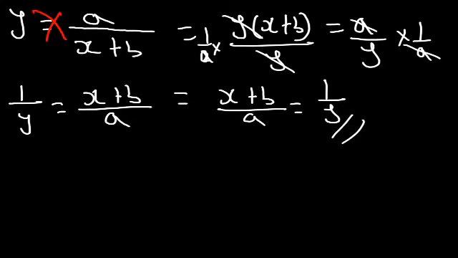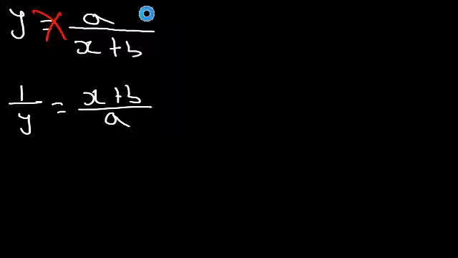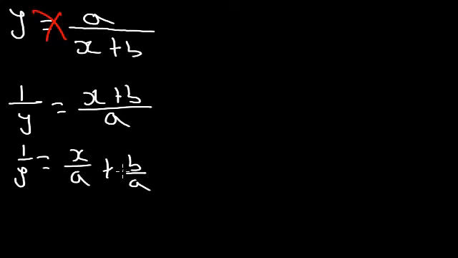And let's see. Now you know how we get that. At this point, we can distribute the denominator. So we can see that 1 over y will be equal to x over a plus b over a. Now we have constants, and we have been able to separate the independent variable from the constants.